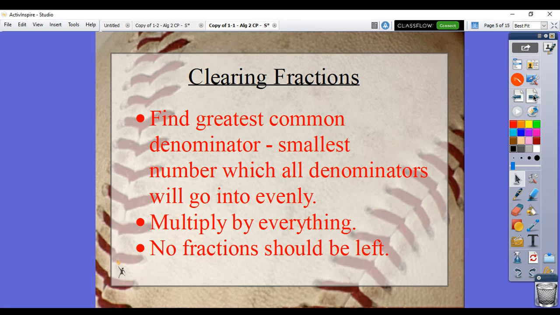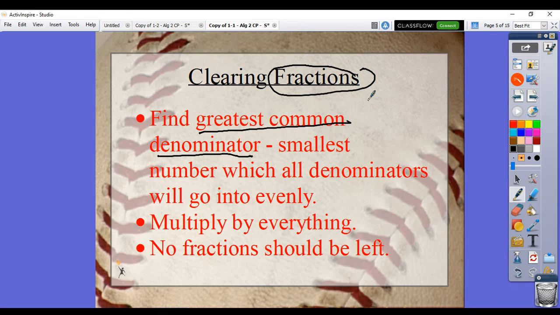The next one is clearing a fraction. When you're clearing a fraction, you have to find the greatest common denominator. Obviously, this happens with fractions, and some of us have issues with fractions. The best way is to identify the denominators and find the smallest number that will evenly work for all of them.